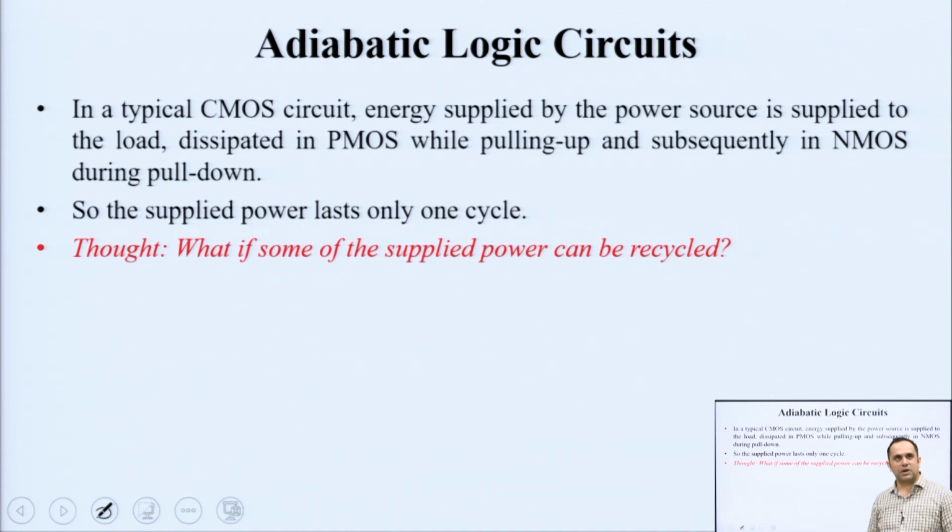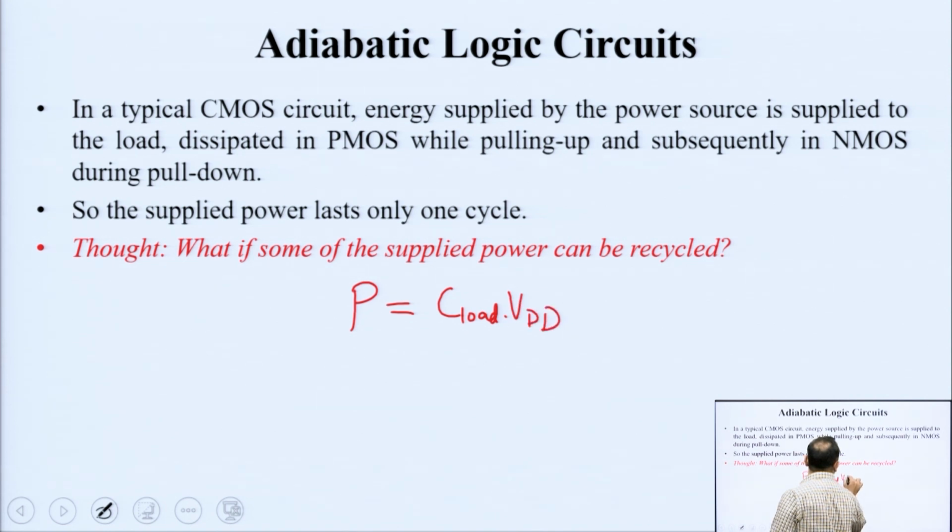So, suppose you supply power which is the load capacitance times square of VDD. Half of it goes to the load to charge it, and half of it can be dissipated in the PMOS also while your signal is being pulled up. And the other half, when the output is being pulled down, whatever is in the load capacitance, that amount of power can discharge.